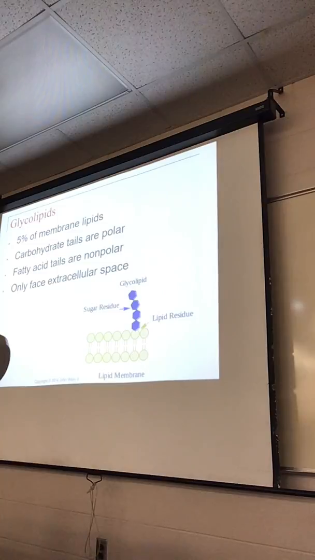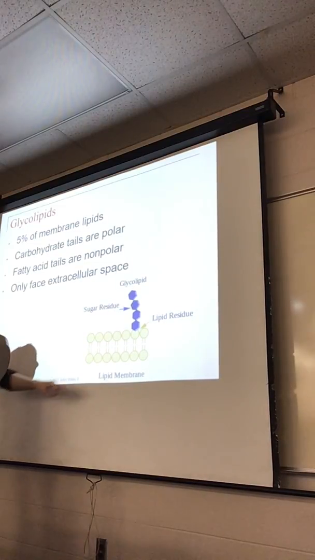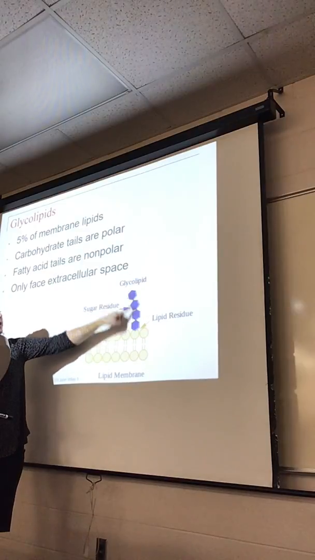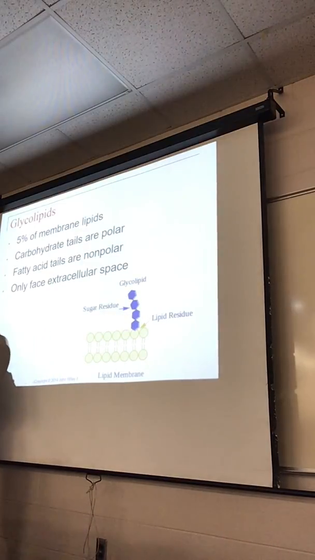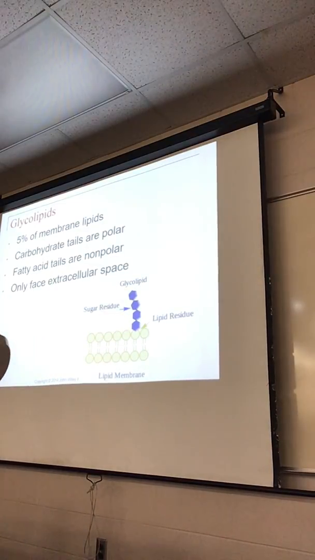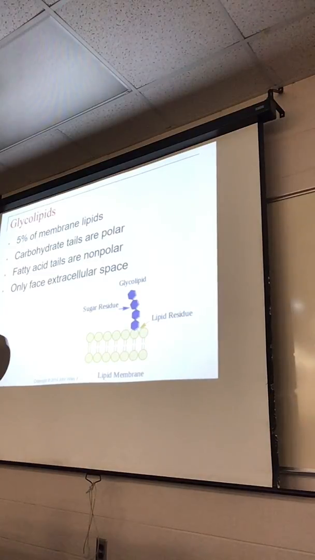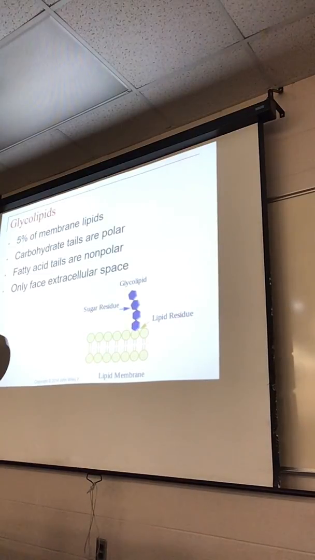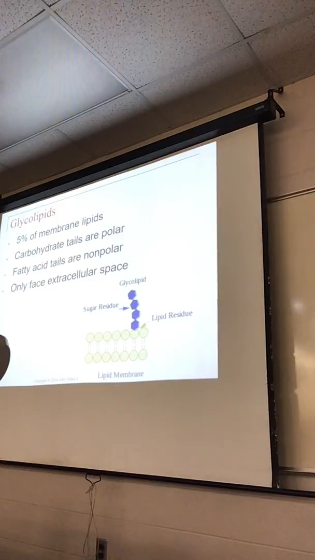So glycolipids are basically lipids, fatty acid tails, that have carbohydrates or a sugar residue facing out on the extracellular side of the membrane. It's important to note that these glycolipids are only facing toward the extracellular space. They don't face toward the inside of the cell.